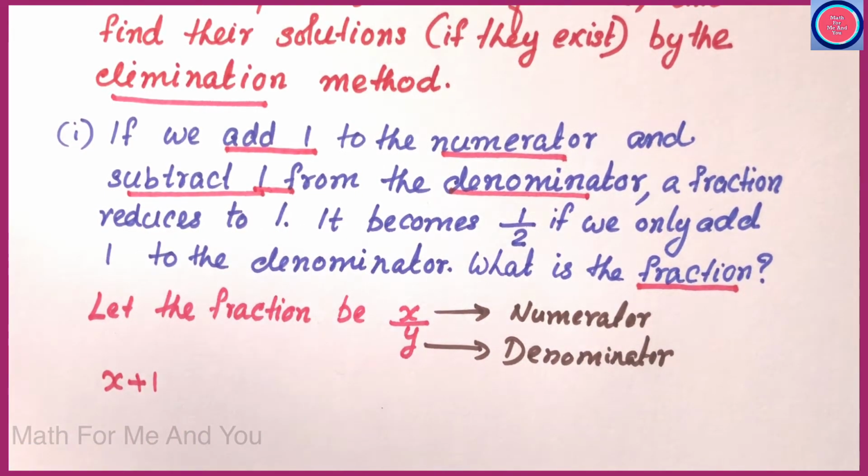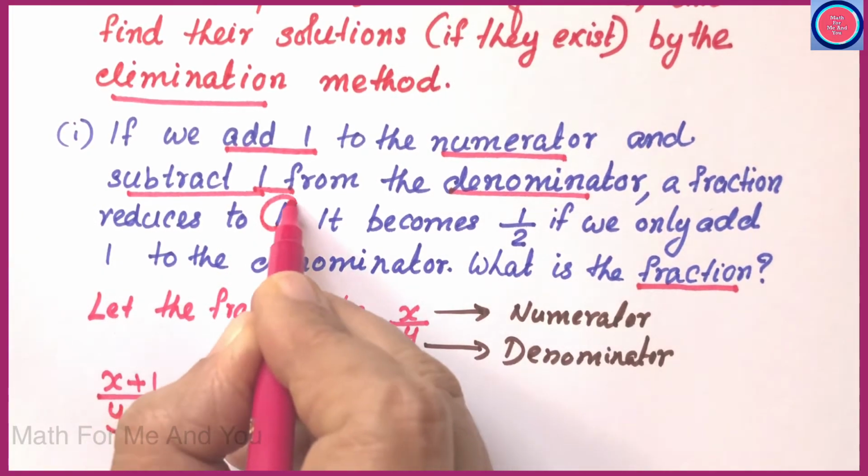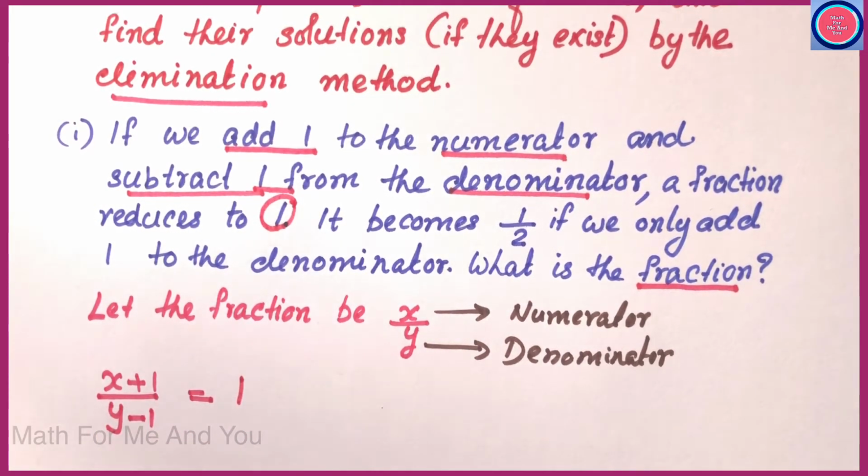What is the meaning of subtract? Minus. From the denominator, here the denominator is y, subtract 1, minus 1. Then the fraction is equal to 1. This is what the first sentence says. So we can write x plus 1 over y minus 1 is equal to 1. Just simplify this equation, arrange it, and then we can call it equation number 1.